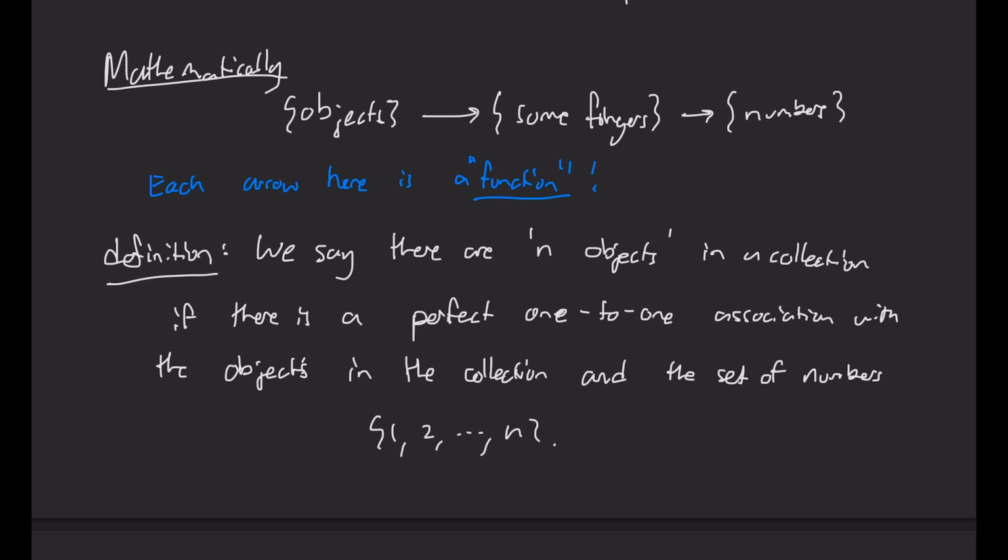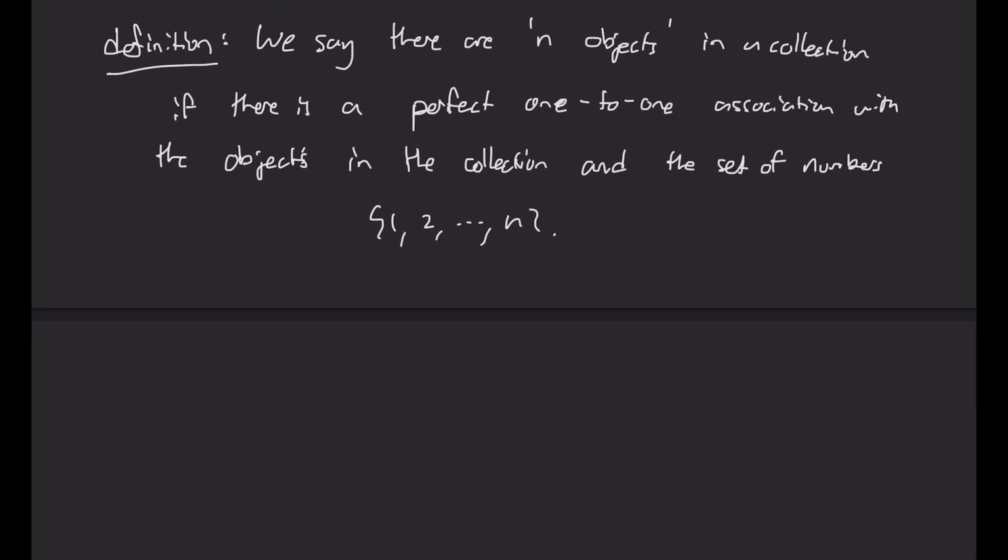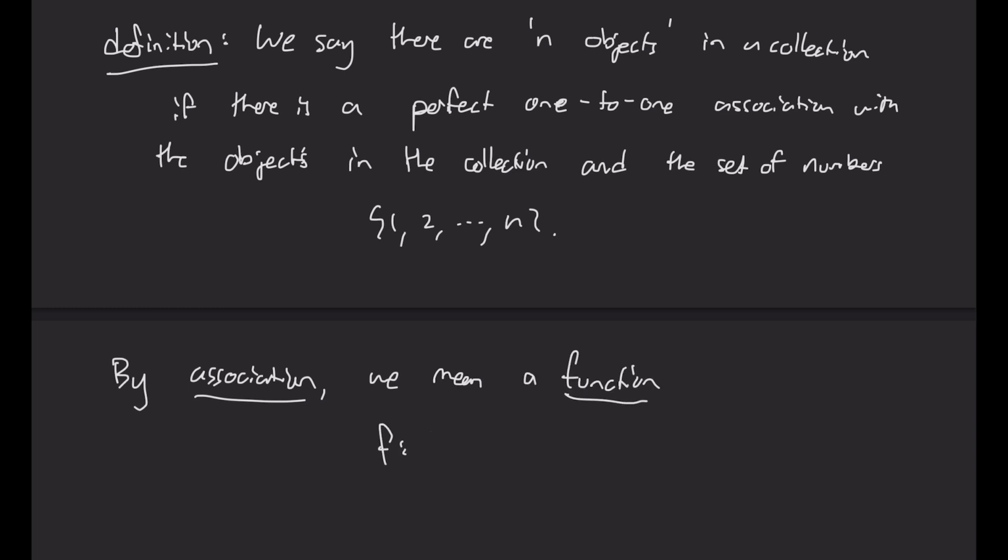So we saw that above, that our objects were in perfect one-to-one association with the numbers 1 to 8. Okay, so by association, we mean a function, and we'll write that as f, whose domain is the set of numbers 1 to n, and the codomain is the set of objects that we're counting.